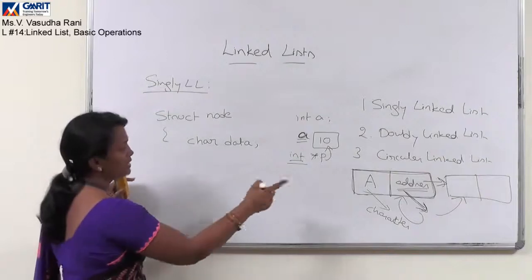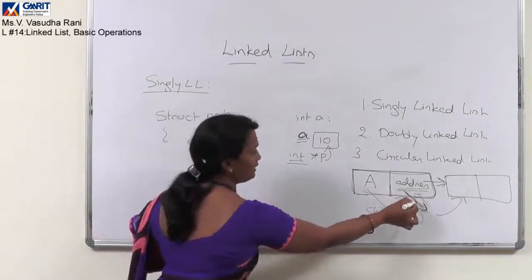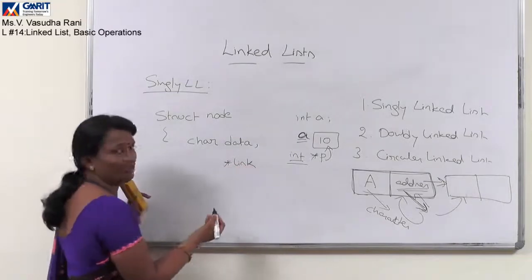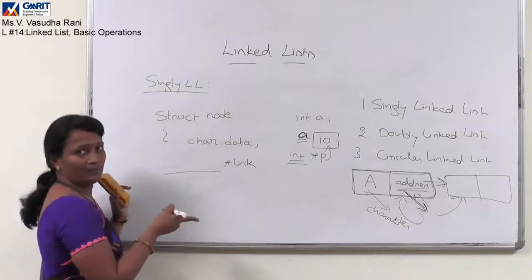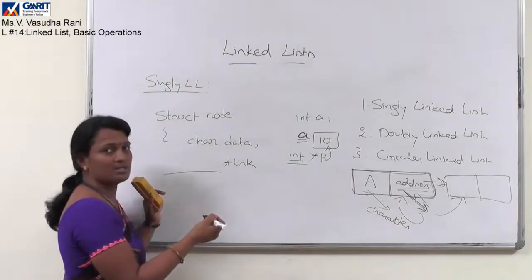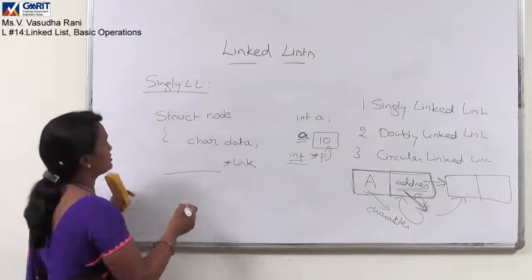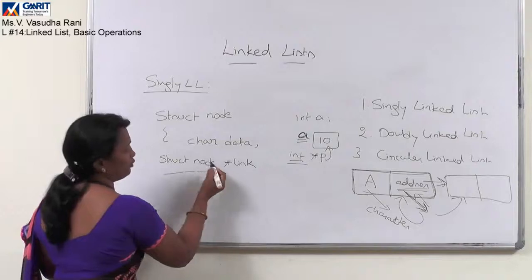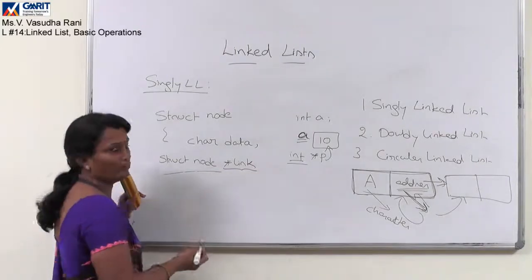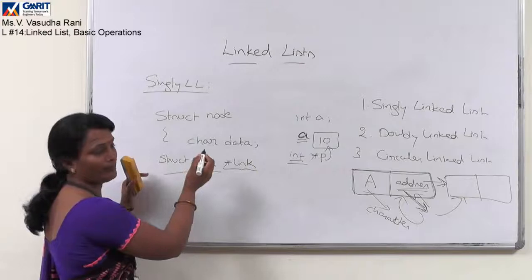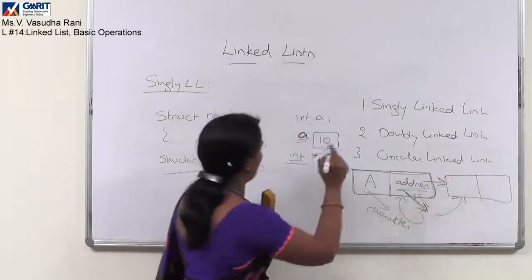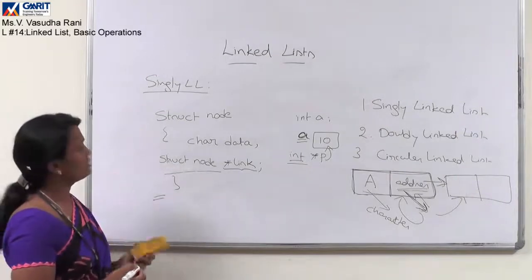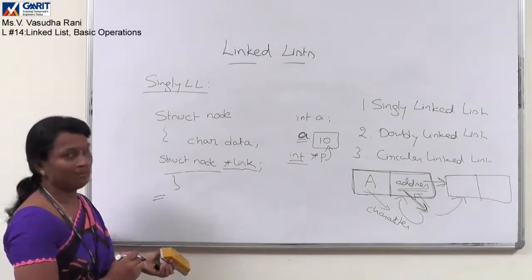What I mean to say is that the link field should first of all be a pointer, and the data type should be the same node structure. It is called a self-referential structure. So here we get struct node. This link field should be of type struct node itself because it is going to refer to a node. This is how the structure can be defined for the node.